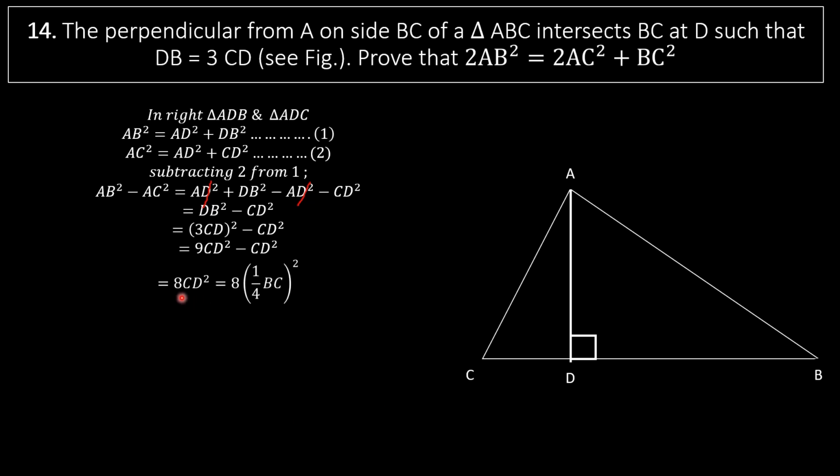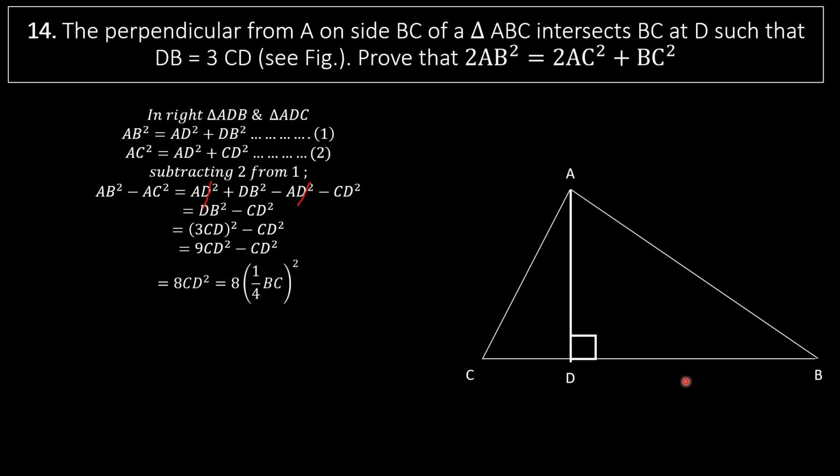Now CD, if we see, this is one part, this is 3 parts more, total, if we take BC, it is 4 parts. Out of 4 parts CD is 1 part, so 1 upon 4 of BC.